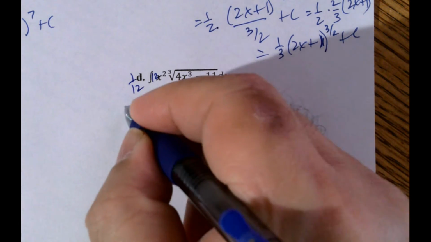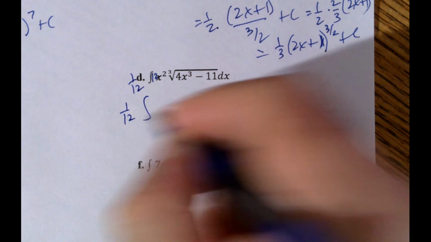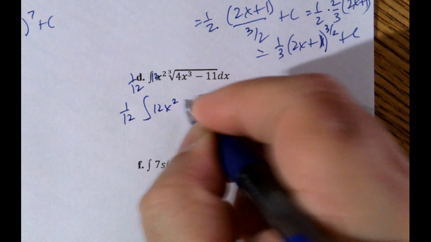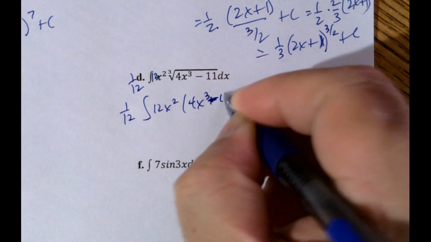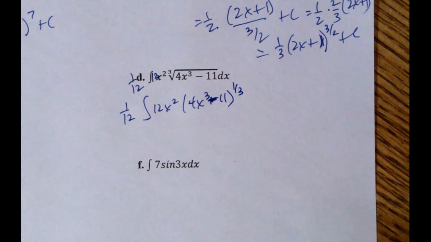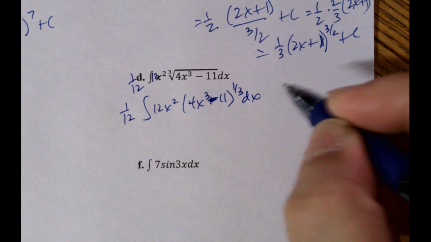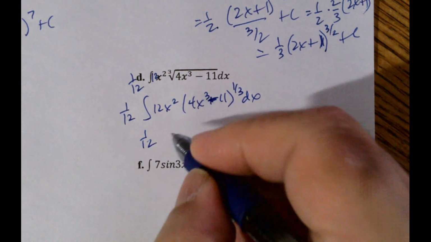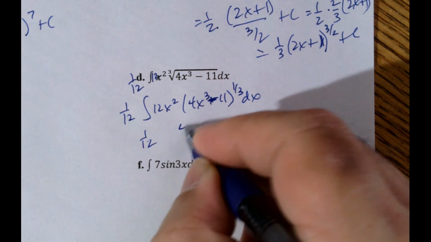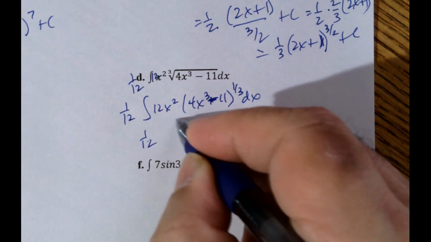So I'm going to rewrite that as 1/12 integral of 12x squared times 4x cubed minus 1 to the 1/3 power dx. So it's 1/12. Integrate that. That's going to be 4x cubed minus 1, add 1.